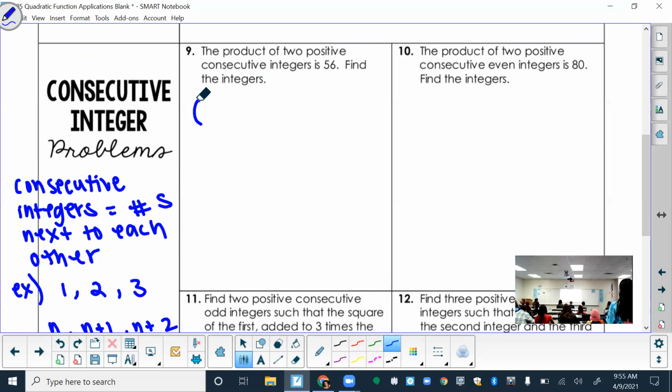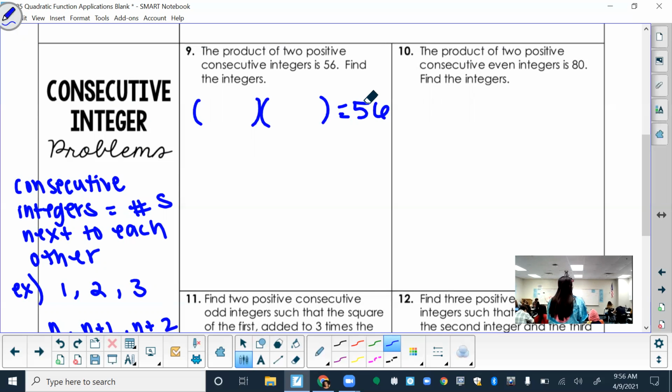Multiplication. So I'm basically multiplying 2 things together. We don't know what they are, but we do know that they equal what? 56. It tells us that in the problem. When I multiply these 2 numbers, it gives us 56.